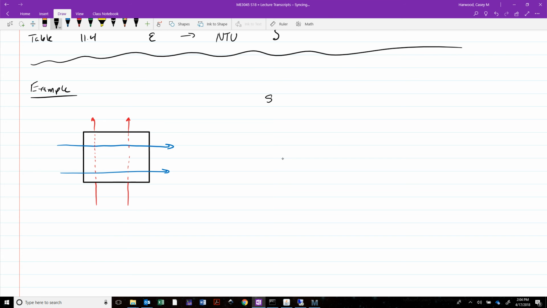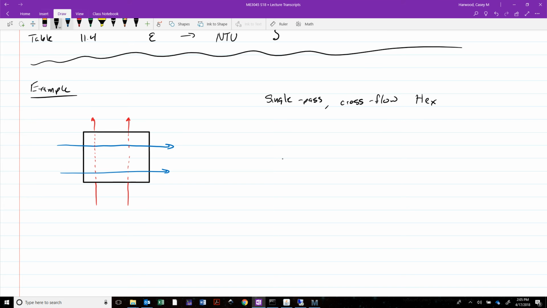So this is what's known as a single pass cross flow heat exchanger. The single pass refers to the fact that these two fluid streams cross by each other only once. They don't double back and go through subsequent layers of the heat exchanger. There are also 2-pass, 3-pass, 4-pass. If there's an upper limit on the number of passes, I've yet to find it. I've seen up in the tens of passes for heat exchangers before.